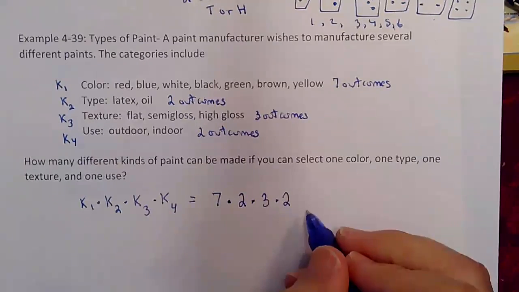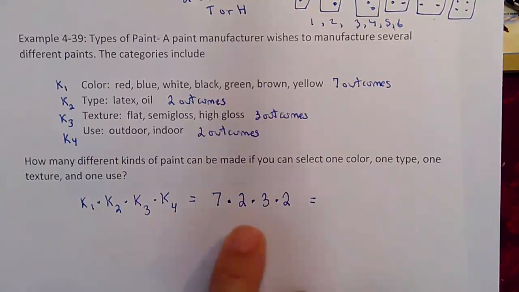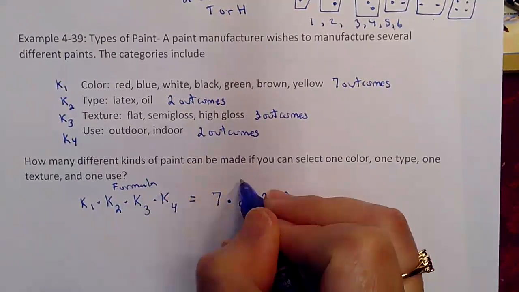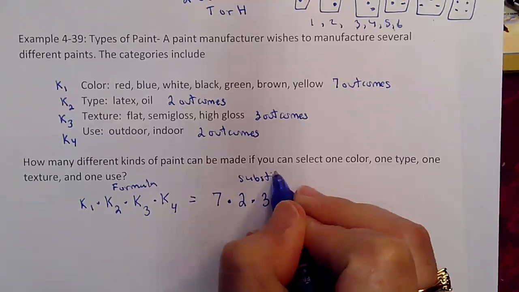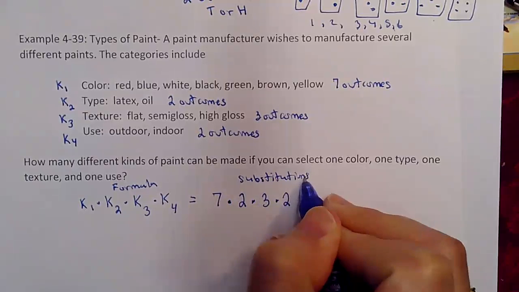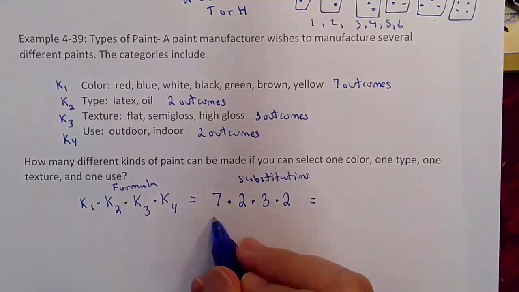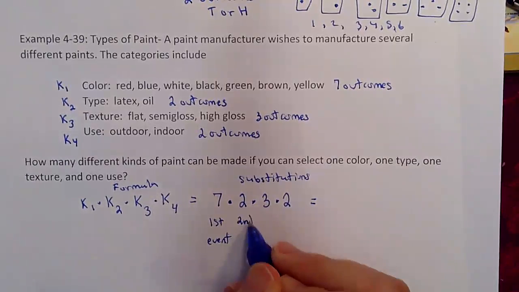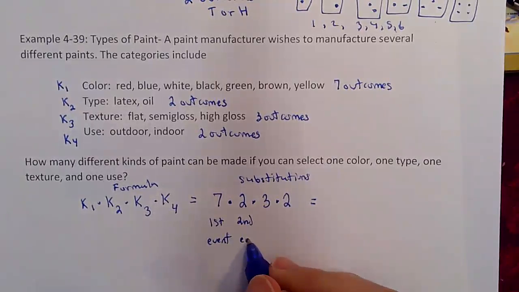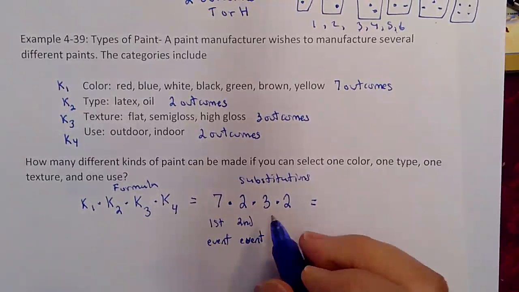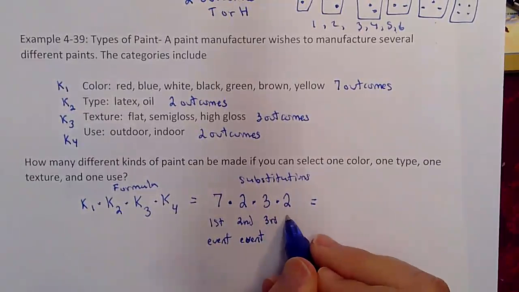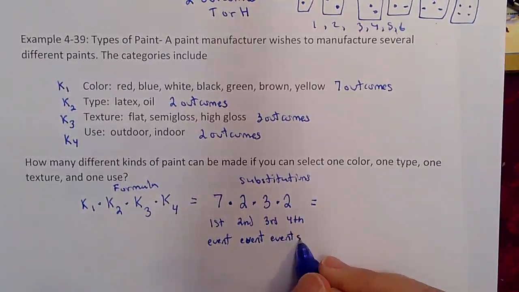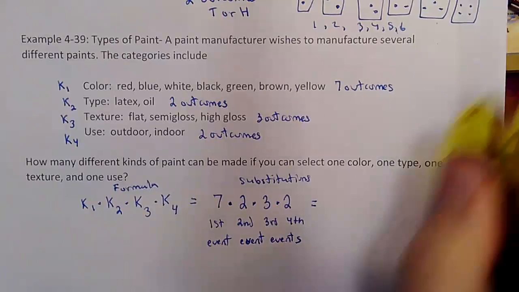Yeah. So, you know, here's your formula. Here's your substitution. So I'll write this one more time. Here's your formula. These are your substitutions. And this is because this is tied to the first event. This is tied to the second event. This is tied to the third, and this is the fourth events. So I'm gonna just put events in the center.